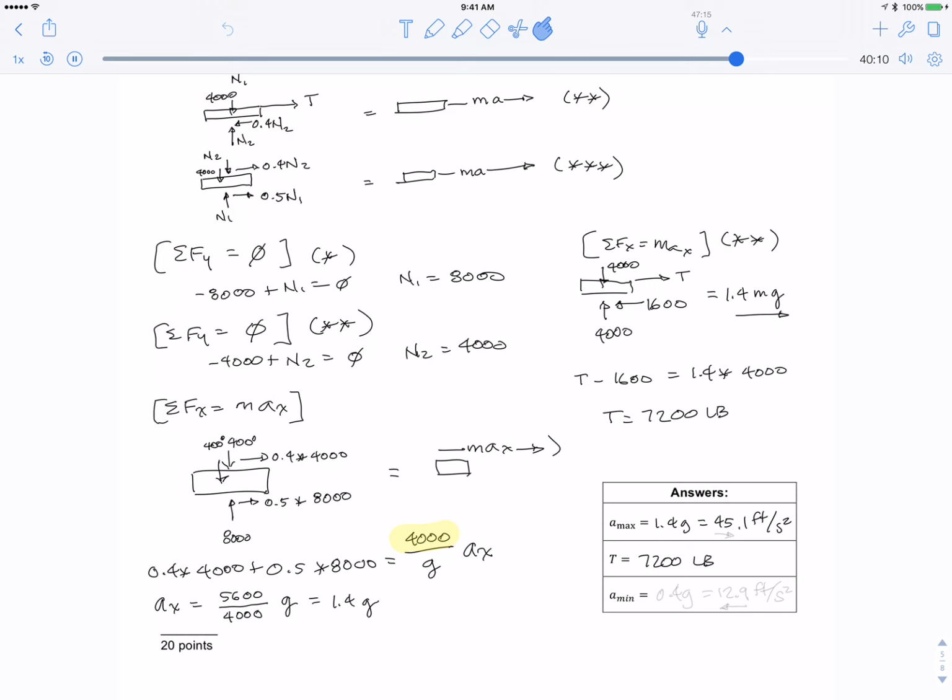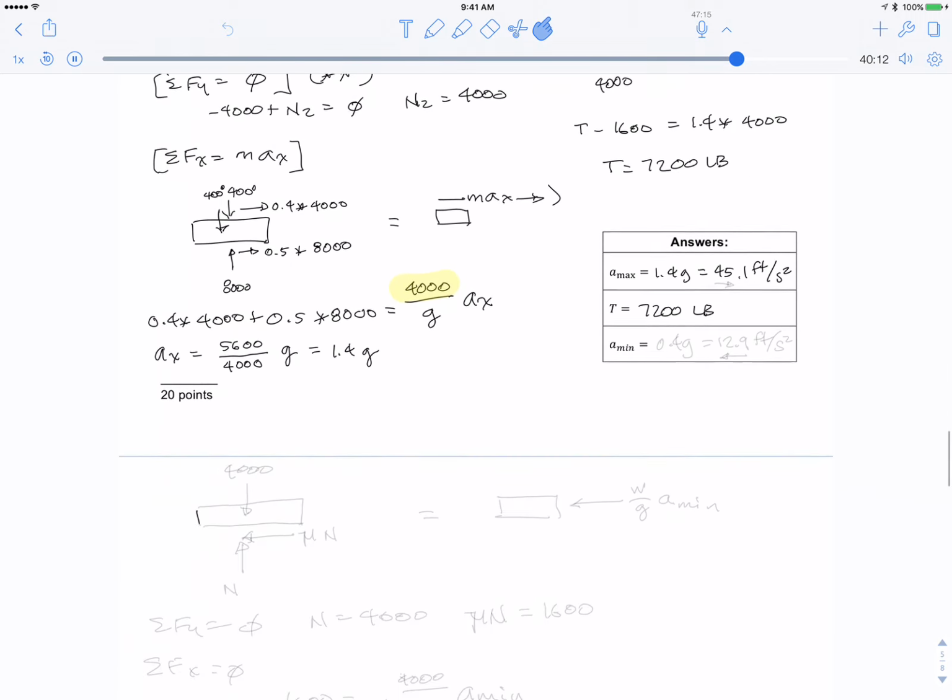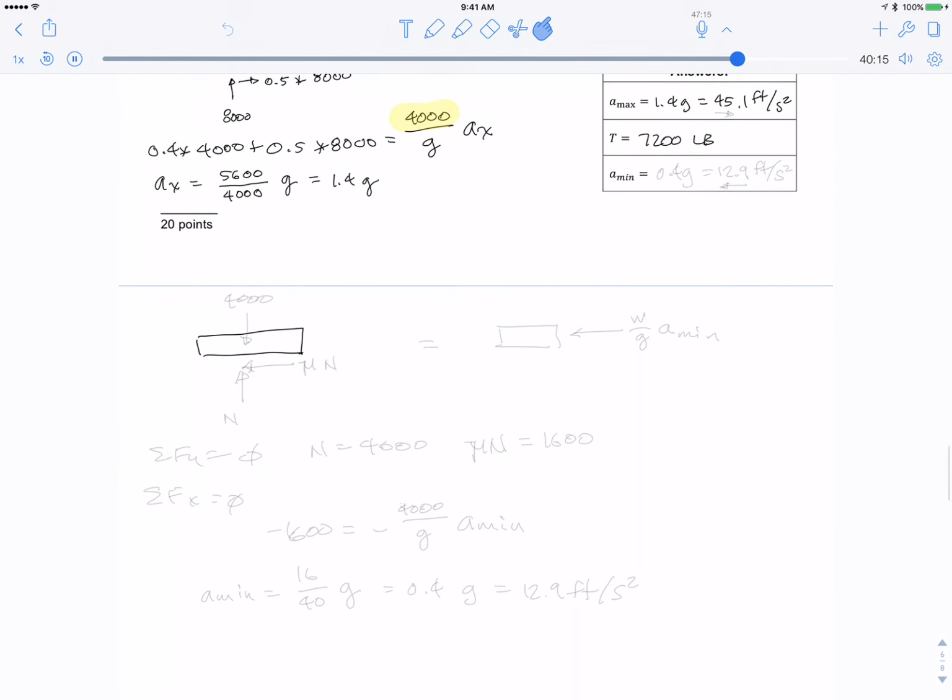Now it's time to do part B. And in part B, I had convinced myself that the top block was moving forward. So 4,000, the normal, and mu times the normal, and that was going to equal mass times acceleration going that way.